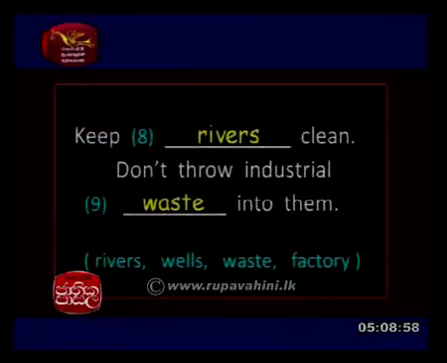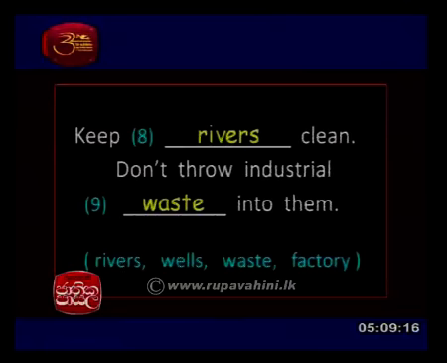Very good. Now see, there are two words to confuse you all. Keep wells clean also you can use, but you know that you don't throw garbage, especially industrial waste, into a well, right? That's your common sense also, children. So that's why you can select the most appropriate word.